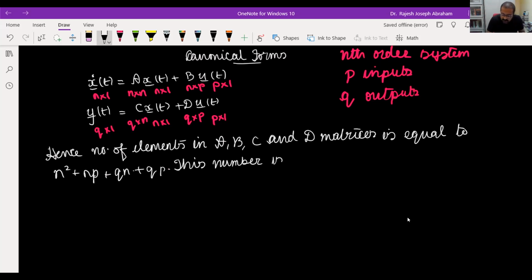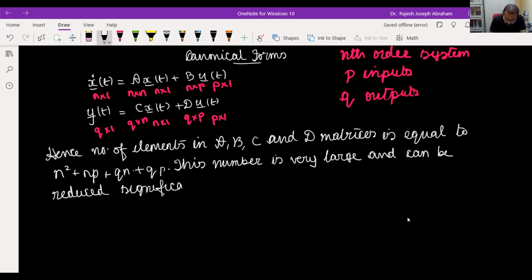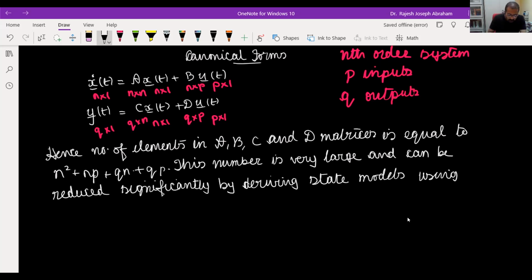This number is very large and can be reduced significantly by deriving state models using standard and accepted methods.